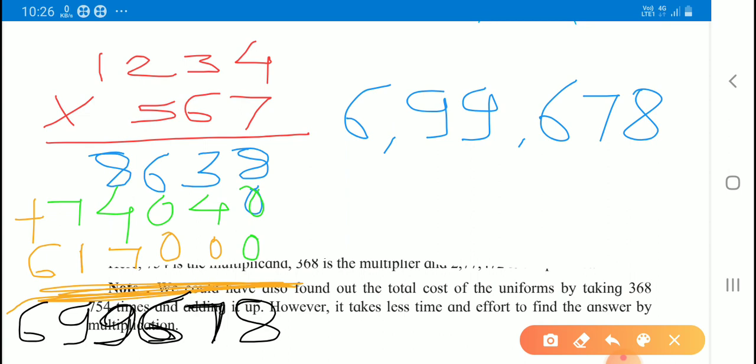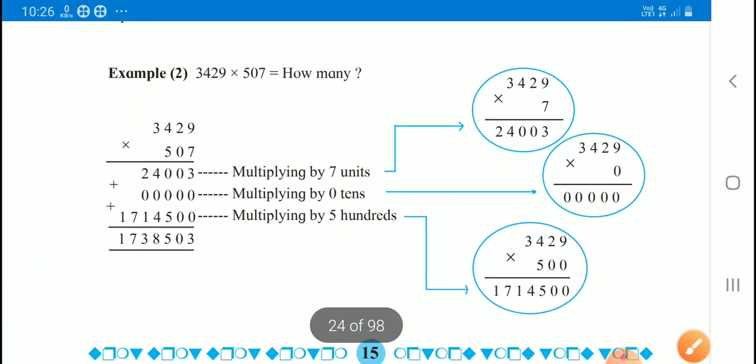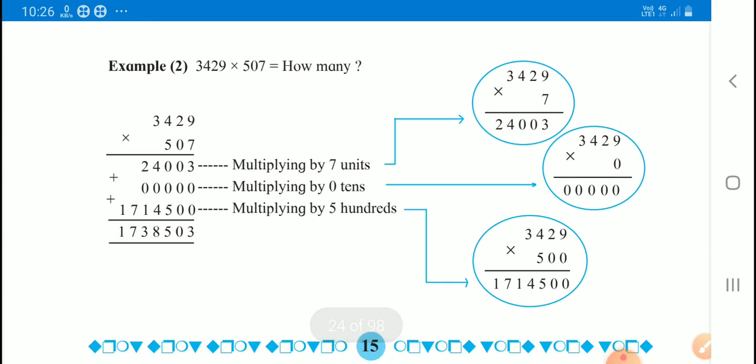Now we will see the multiplication of 4-digit number multiplied by 3-digit number given in your book. Okay. Look, example number 2. They given here 3,429 multiplied by 507.